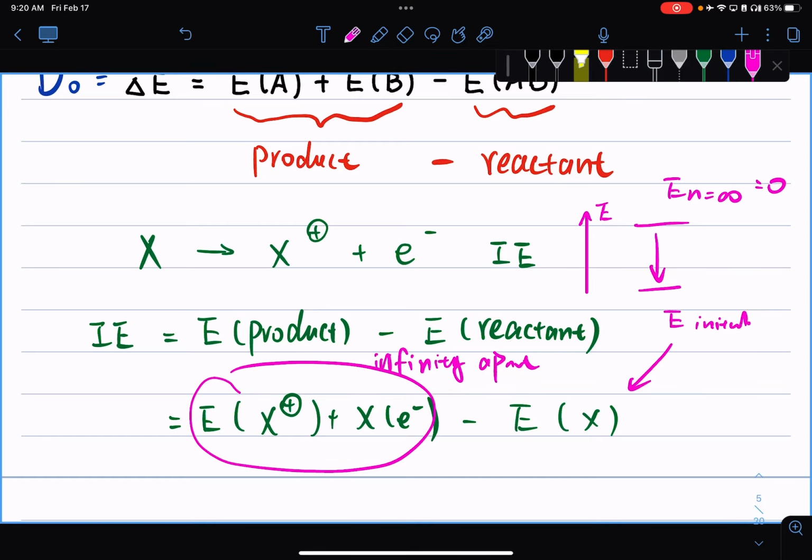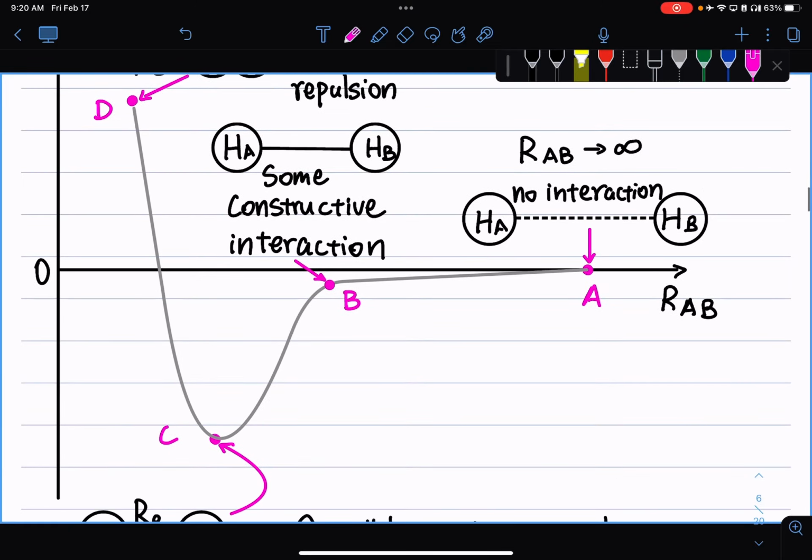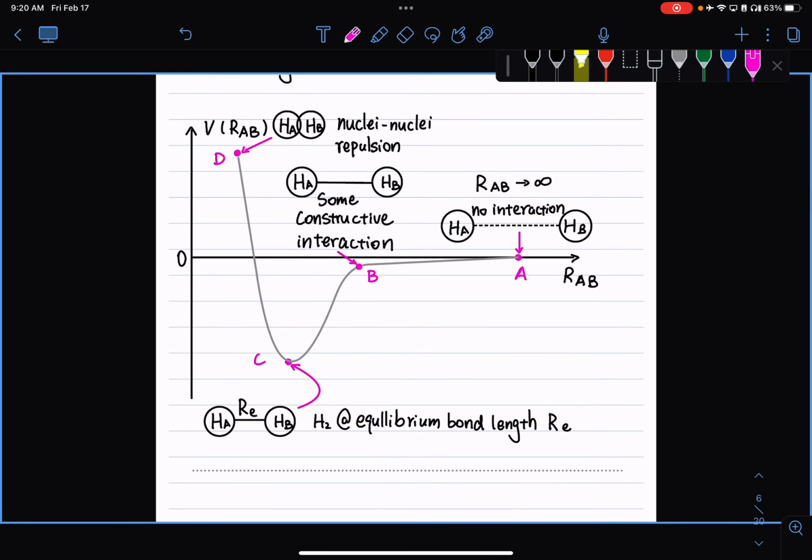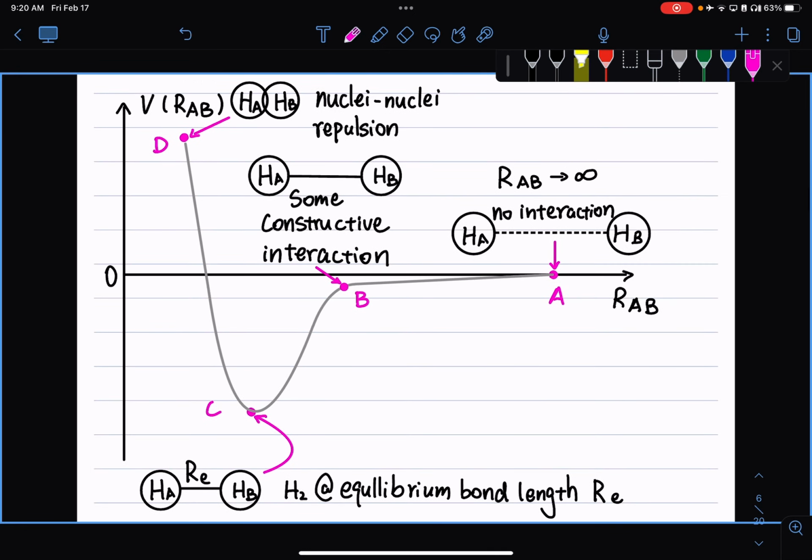So here's a summary page. Again, it's available on Cengage, so don't feel the need to write everything down. This is the Morse potential we were talking about. We start from, say, point A. The two atoms are infinitely apart. They don't feel each other. Your potential energy is approaching zero when the distance is approaching infinity.